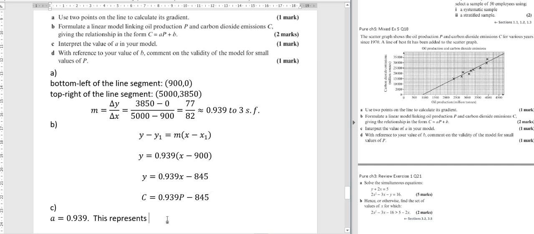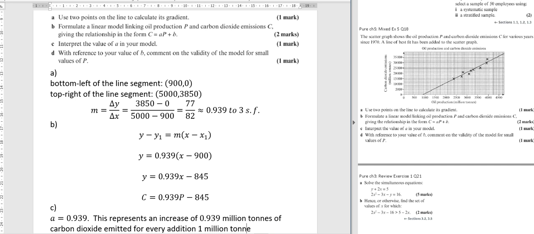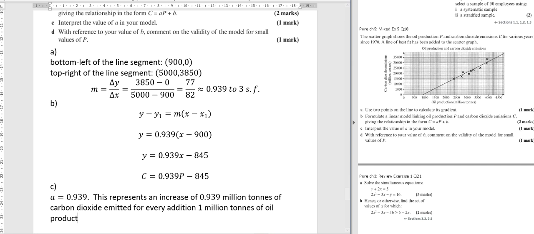So this represents an increase of 0.939 million tons of carbon dioxide emitted for every additional 1 million tons of oil production.